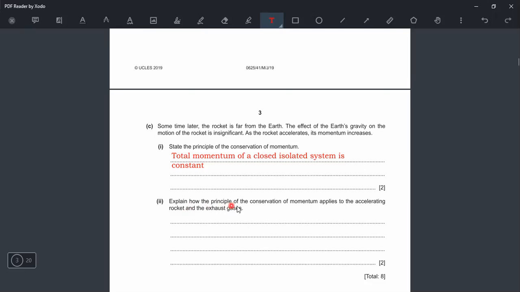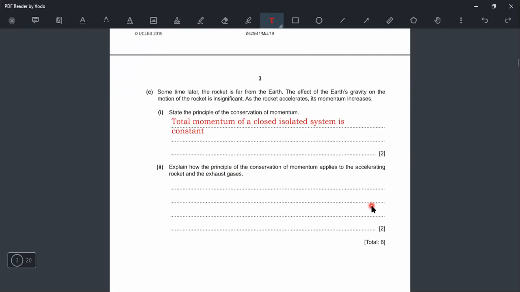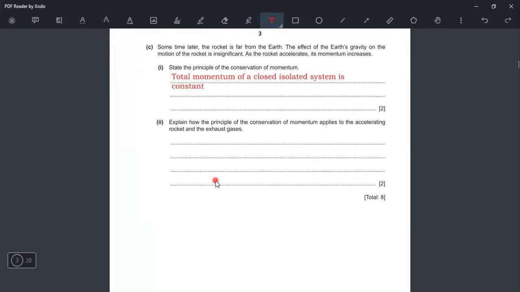Next. Explain how the principle of conservation of momentum applies to the accelerating rocket and the exhaust gases. Well, you need to imagine what a rocket looks like. So if you've got this big rocket that's going to fly out, boom, and you've got exhaust gases being pushed out. The rocket is moving upwards, sure, but that's because of what exactly?